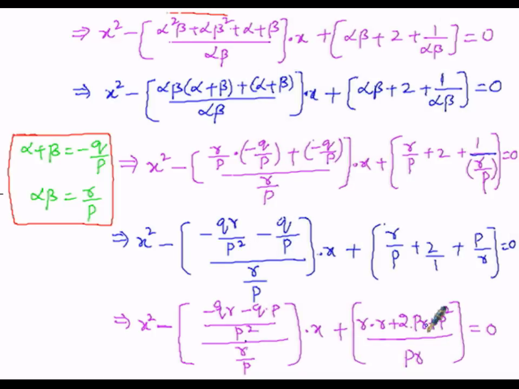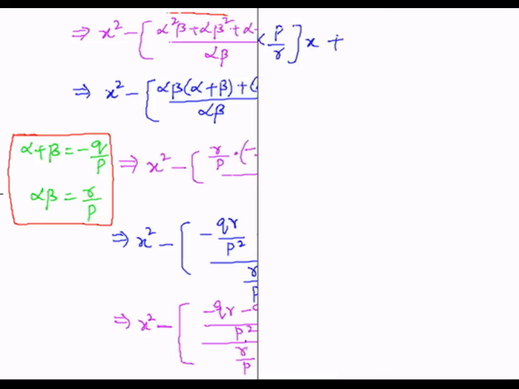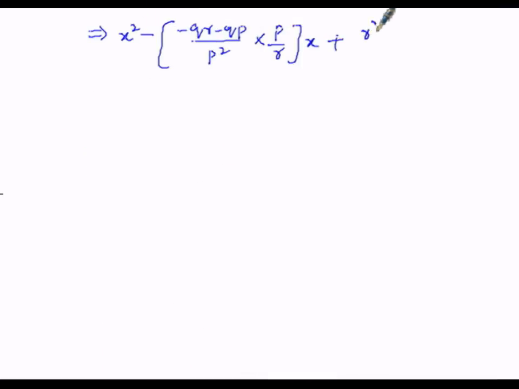So it is r square plus p square plus 2pr divided by pr. R square plus 2pr plus p square overall divided by pr within the bracket is equal to 0.